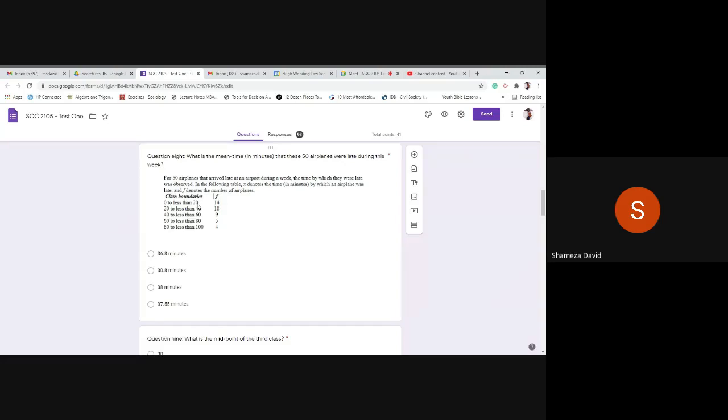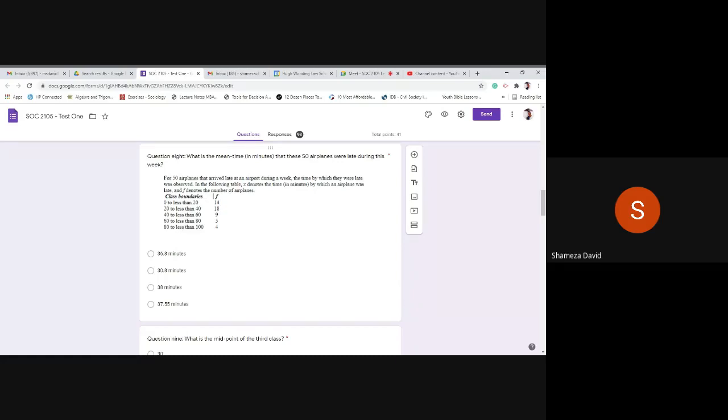Of course, the midpoint you find by summing the two boundaries and dividing by 2. It's really the average of the class boundaries. So the midpoint for the first class would be 0 plus 20 divided by 2, which gives you 10. The next class, 20 plus 40, which is 60 divided by 2, which gives you 30. And then this one would have been 50, 70, 90.